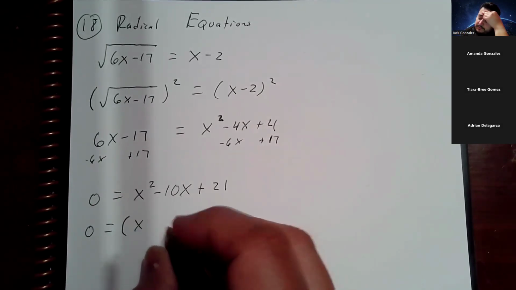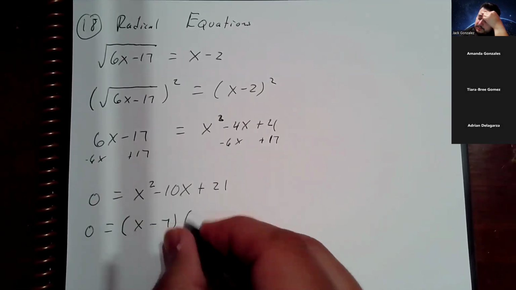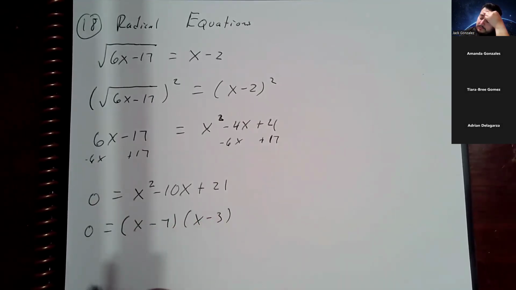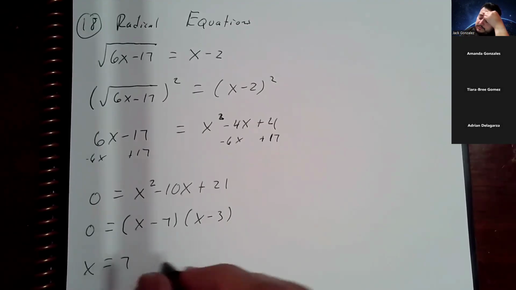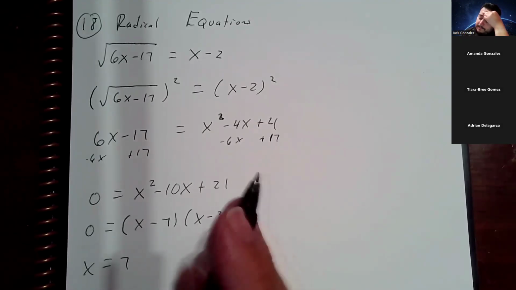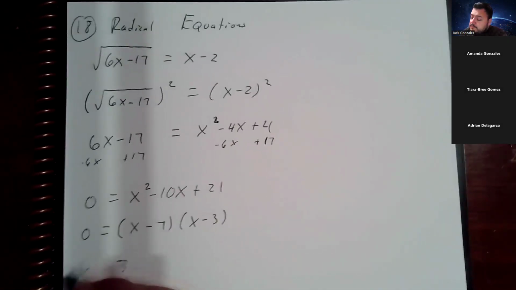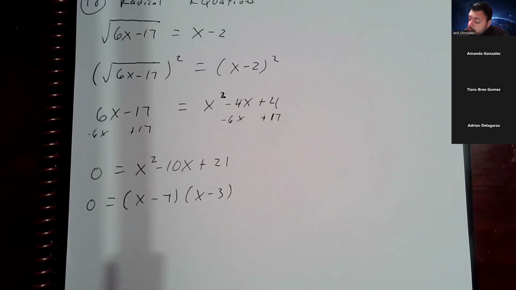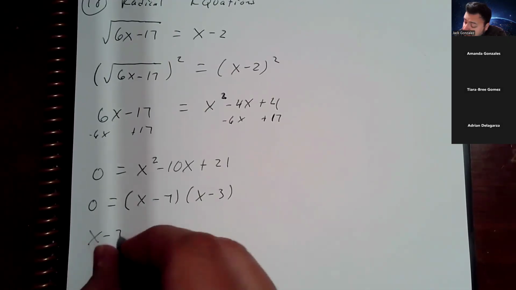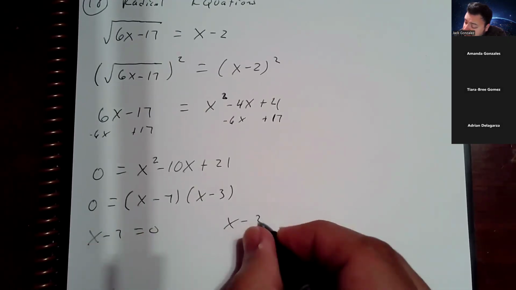Factor this guy, that'll be negative 7, negative 3. So x equals 7. Oops, sorry, shouldn't skip steps. x minus 7 equals 0. x minus 3 equals 0.